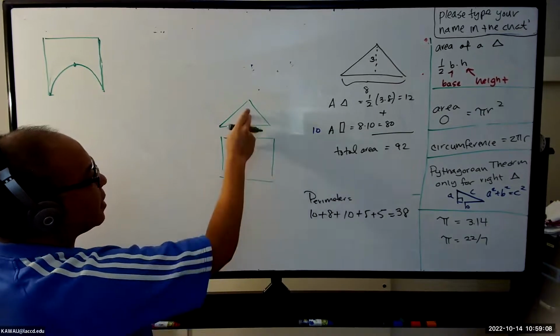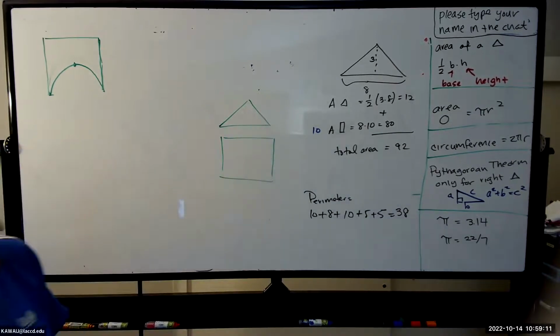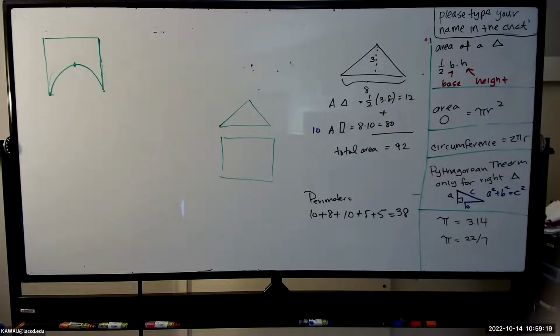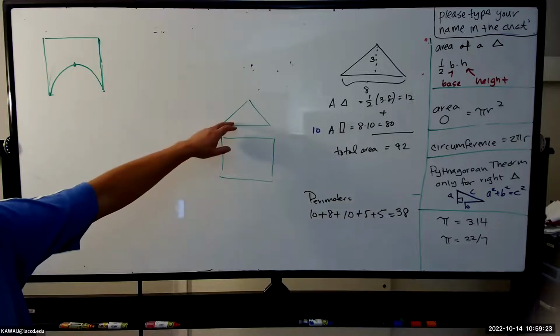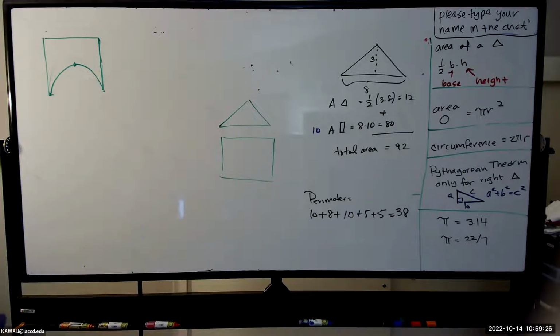But the area is this area plus this area. If we find the area, we have to use both the area of the top one and the bottom one. Yes, and the total. So we want the area of both of them.